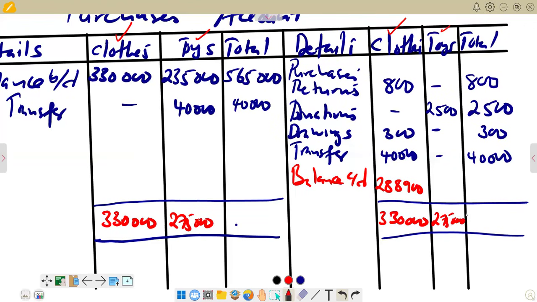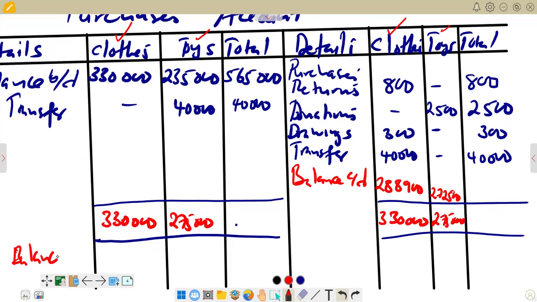So 275,000 minus 2,500, we are going to get 272,500. So here we put 272,500.